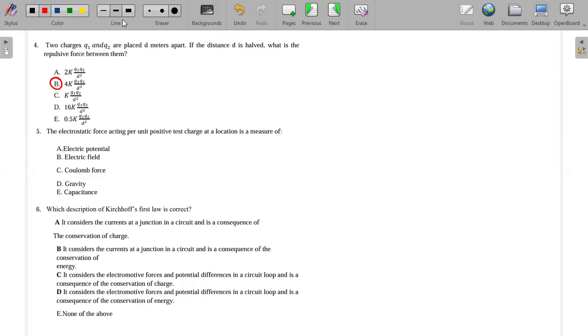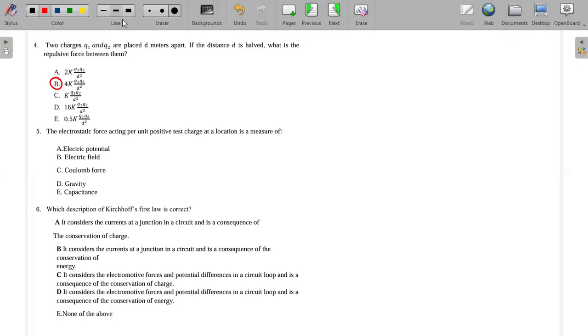So this is just testing you on the concept of the electrostatic force itself, and we have to now recall our knowledge about electric field and stuff.